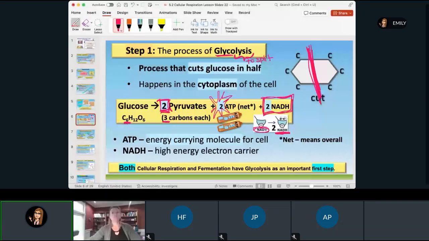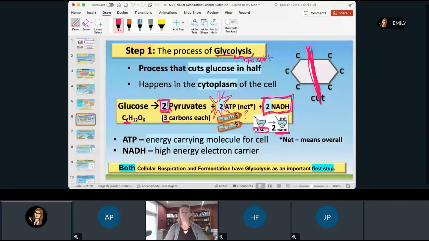Now, what does it mean when I say net right here? What does net mean? Good, overall. Technically the process of glycolysis produces 4 ATP molecules, but it takes 2 ATP molecules to cut this glucose in half.